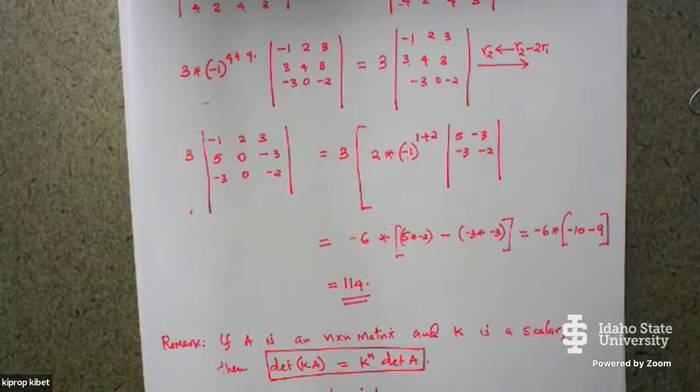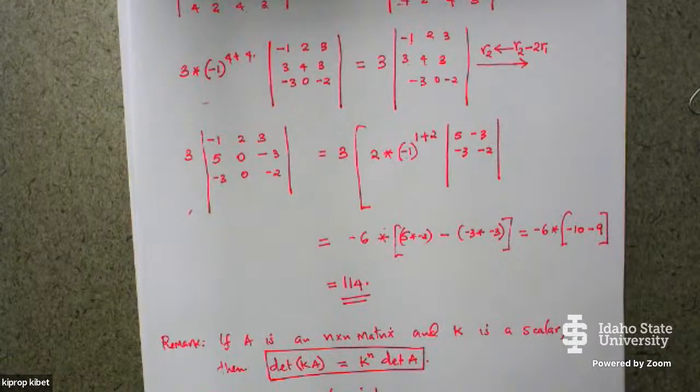Theorem: an n by n matrix A is invertible if and only if the determinant of A is not equal to 0.